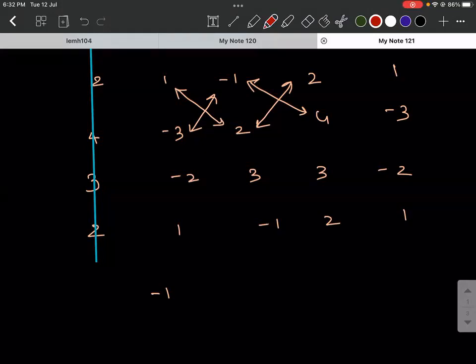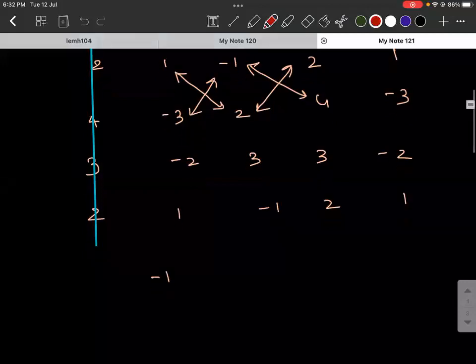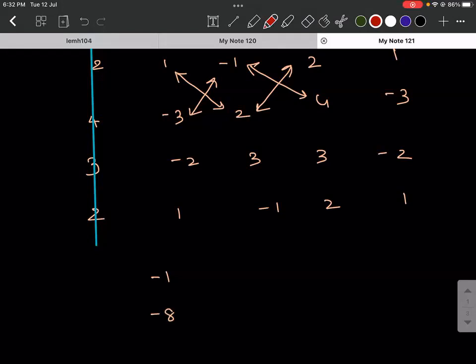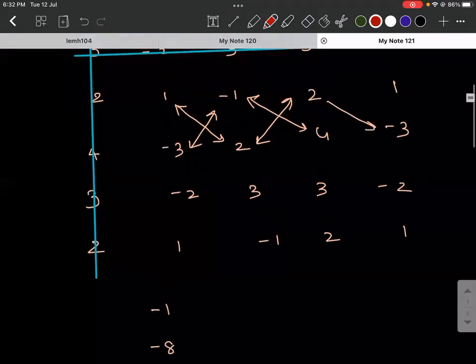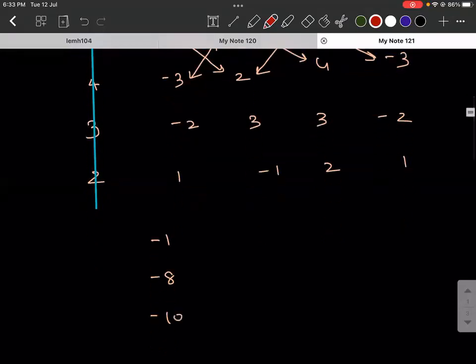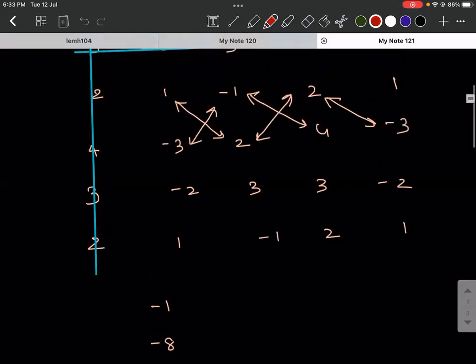What is adjoint? Transpose of the cofactor matrix. So minus 4, minus 4, so it is going to be minus 8. Then 2 into minus 3, minus 6, minus 4, minus 10, write it. So do the operations along the rows, but write them along the columns. Again, start from here: minus 3, minus 3 plus 4.